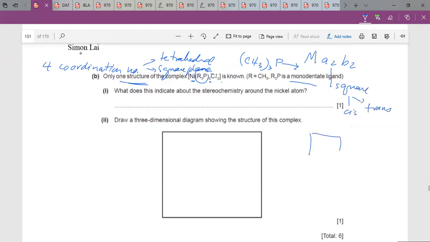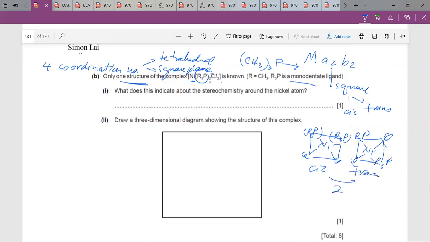If I put nickel here, and R3P here and R3P here, and a Cl here, it is cis. If I put Cl here and Cl here, and R3P here and R3P here, this is trans. It means there are two structures, two isomers. So there's only one, it means it must be a tetrahedral nickel.